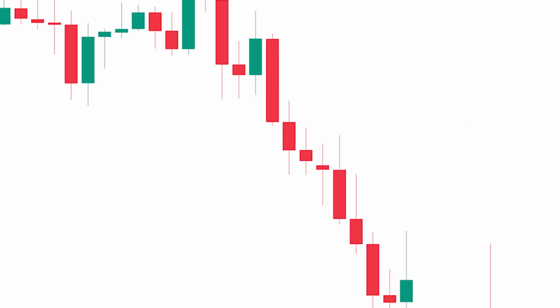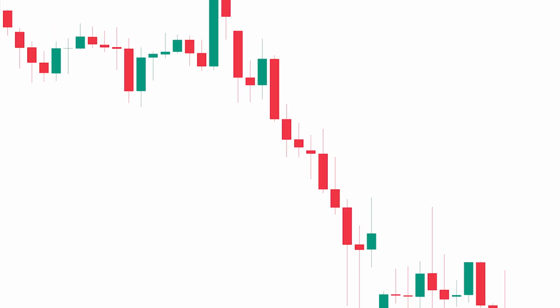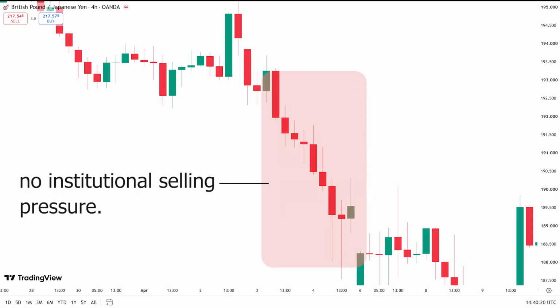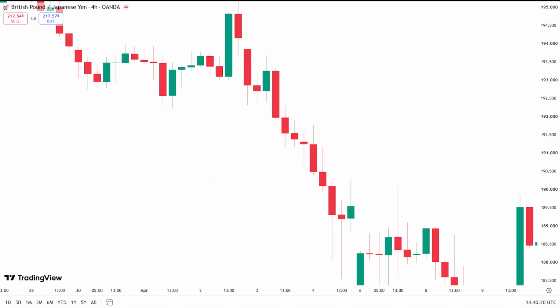This balanced price action suggests that buyers and sellers are still trading actively at those levels, indicating the absence of the aggressive institutional order flow that typically accompanies a genuine order block. Without a clean imbalance, the probability that the zone represents real institutional activity is significantly lower.